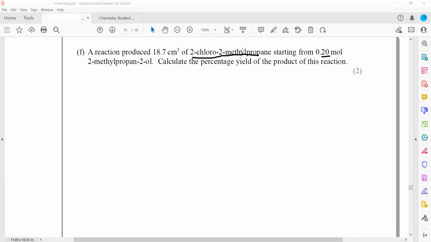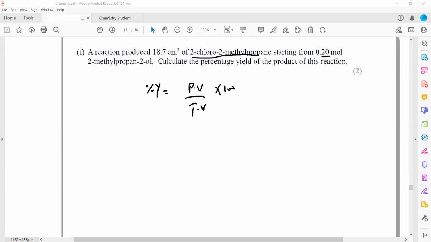So practically it is producing 18.7 cm cubed from 0.2 moles of 2-methylpropan-2-ol. Because the percentage yield is a practical value, like practically how much product we are getting divided by the theoretical value, times 100. So using this, we can work out the percentage yield.